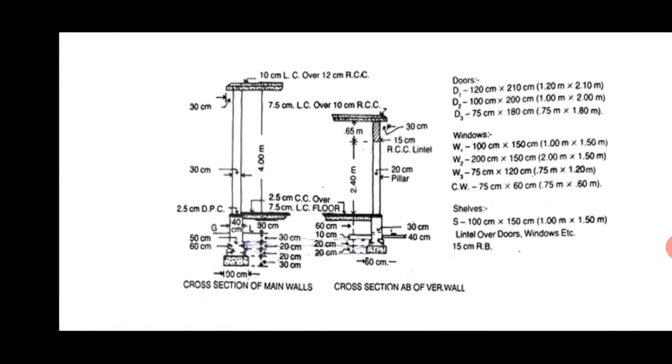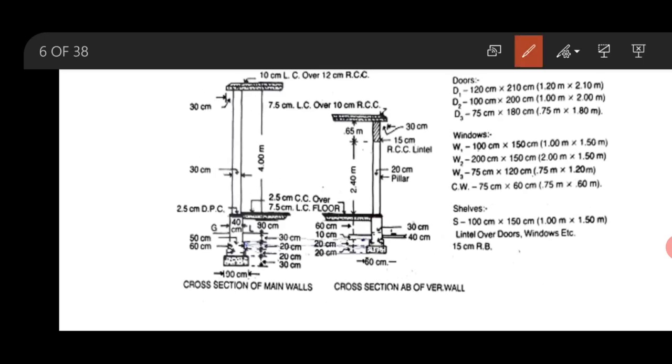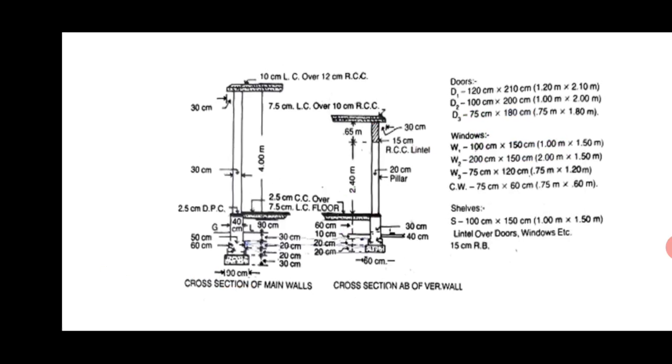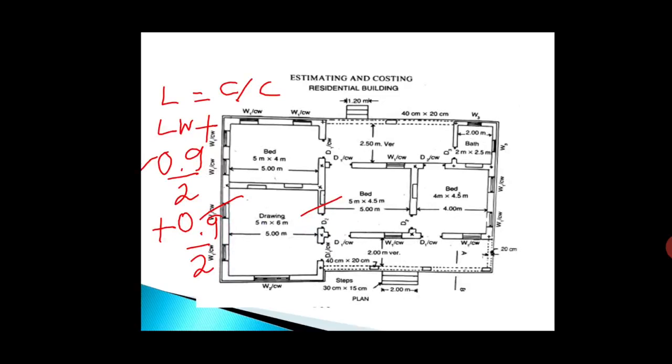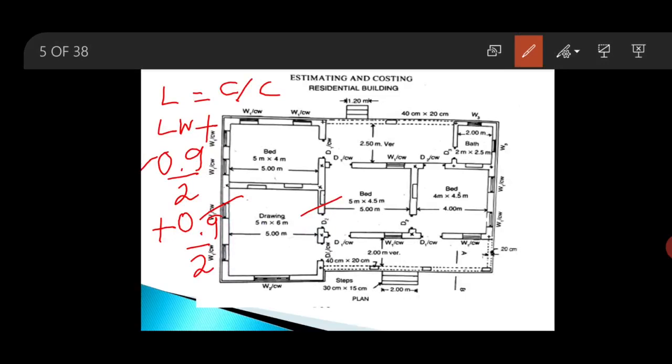You can take the width of the concrete work from this 30 centimeter wall, which is 90 centimeter. So length will be equal to 10.6 plus 0.9 by 2 plus 0.9 by 2.